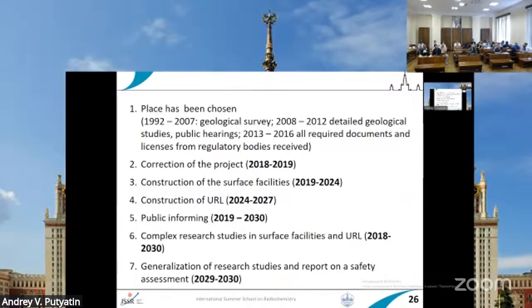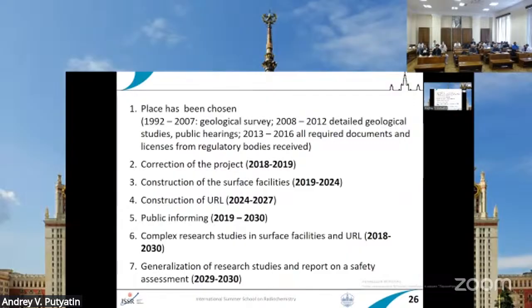So by 2016, all the official events were finalized, all the required documents were collected, and they started to construct the underground research lab.